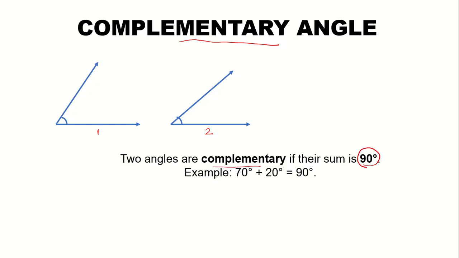For example, if one angle measures 70 degrees and the other angle measures 20 degrees, what will be their sum? 70 degrees plus 20 degrees. How much will you get? 90 degrees. Right? Sum of two individual angles, when it measures 90 degrees, it is called a complementary angle.